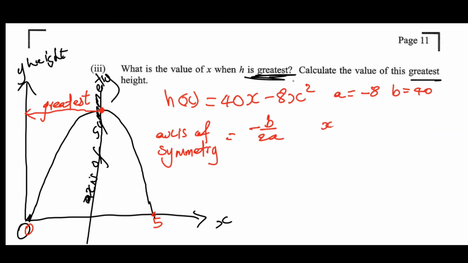So the axis of symmetry is an x value, and it is minus b over 2 times a, minus 40 over minus 16. And this will give you 2.5. So 2.5. That's just the axis of symmetry.